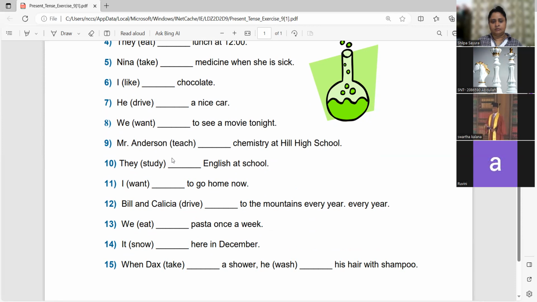I like chocolate. Good. He drives a nice car. Good. We want to see a movie tonight. Very good.